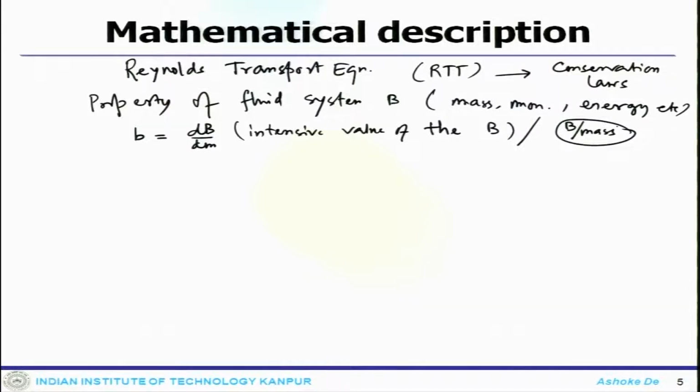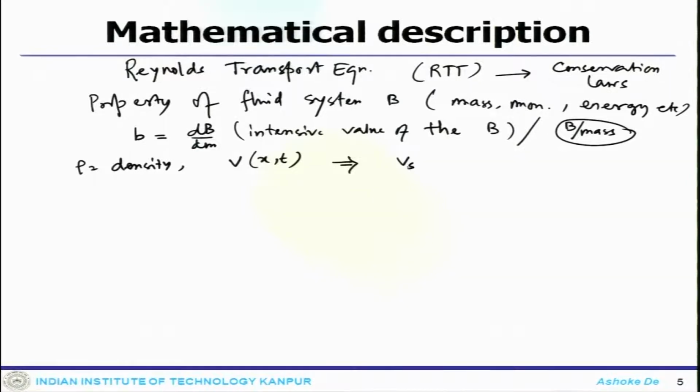Okay. Now, you have a control volume and then you have a material volume. So, you say rho is the density and the velocity is V, which is a function of space and time, and there could be two components of the velocity.